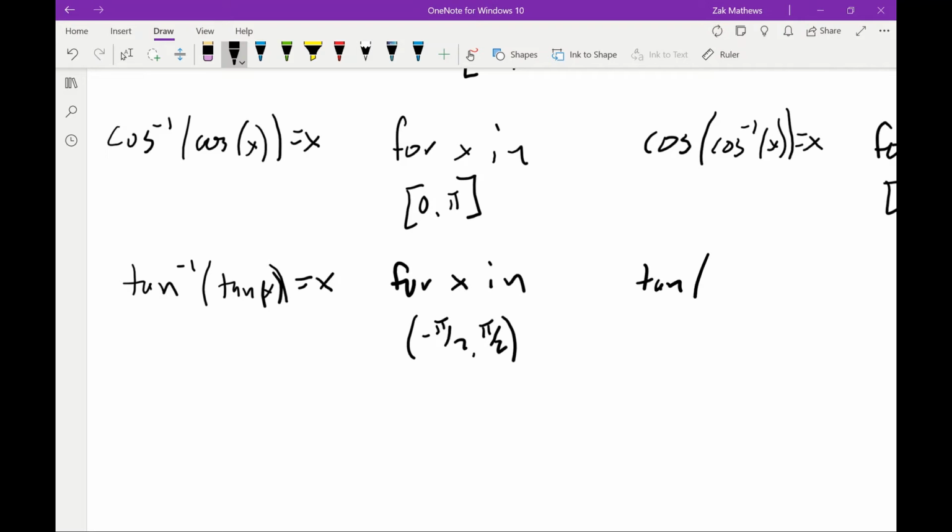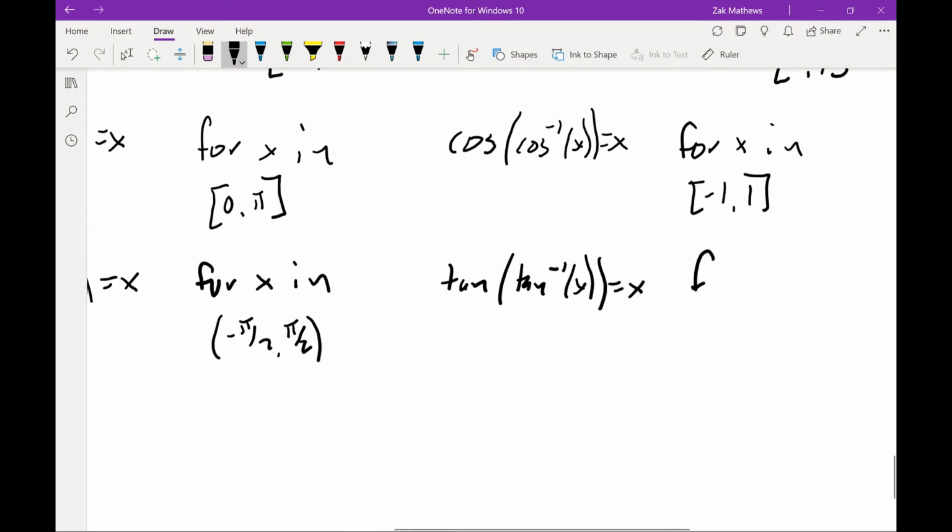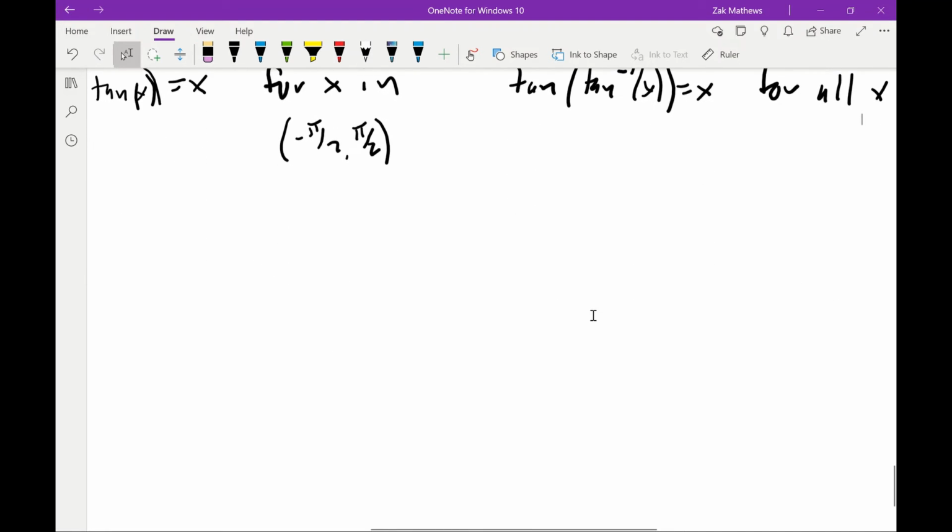If we're to take the tangent of the inverse tangent of x, that's going to be equal to x. Now here's a nice one. For all x, because remember, tangent's range goes from -infinity to infinity, so for the inverse, all things are possible. So this gives us a little bit of a shortcut when we start to do compositions.